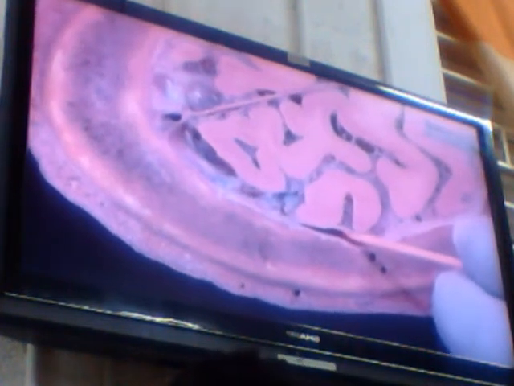You call this the subdural space. Look at where I am. If you think I should call it subdural, then you have to stick to your guns.